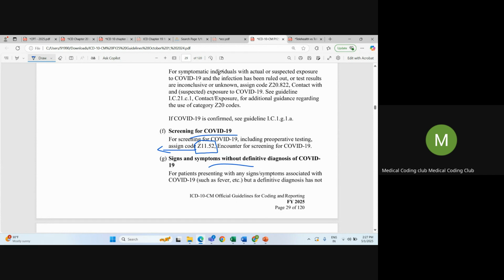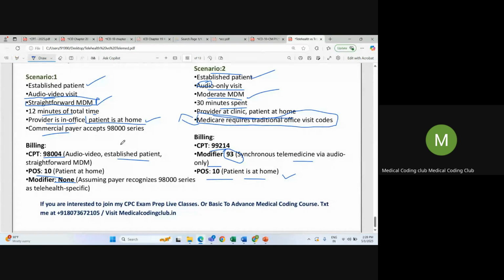And when it comes to modifiers, okay. So other than 93 and 95, we do have GQ modifier and GT modifier and also GO modifier. Okay. So if I'm billing for asynchronous telecommunications, I'll utilize the GQ modifier. Okay.